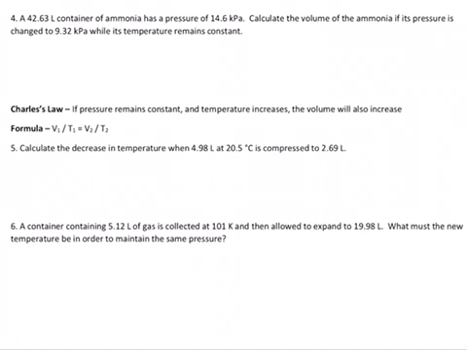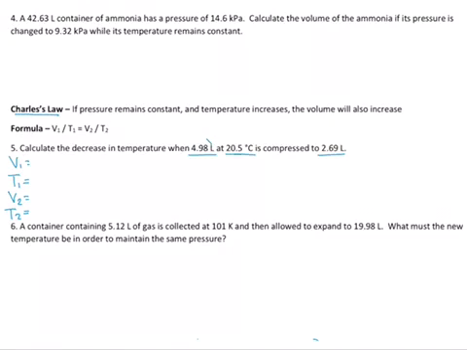Our second type of problems here are for Charles' Law. Again, I like to write our possible variables along the left-hand side. It helps keep these problems organized. Then go ahead and read the problem. Calculate the decrease in temperature when 4.98 liters at 20.5 degrees Celsius is compressed to 2.69 liters.